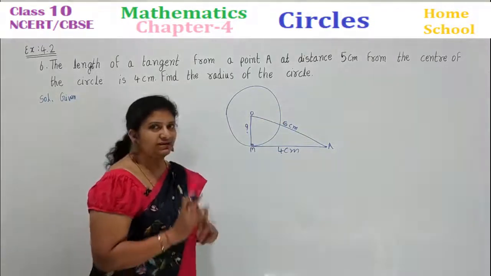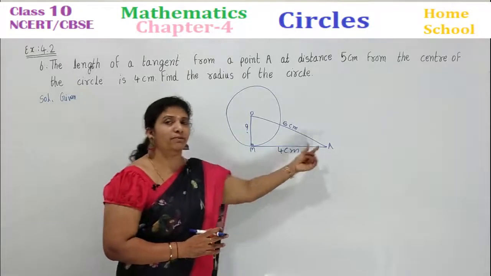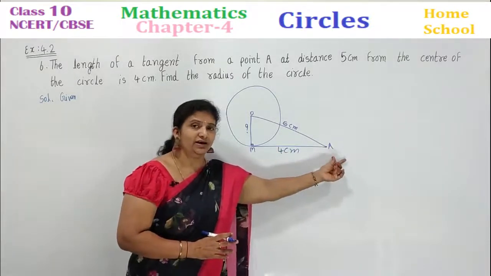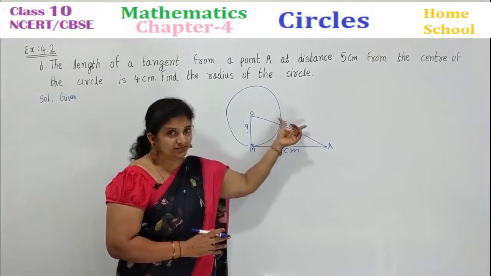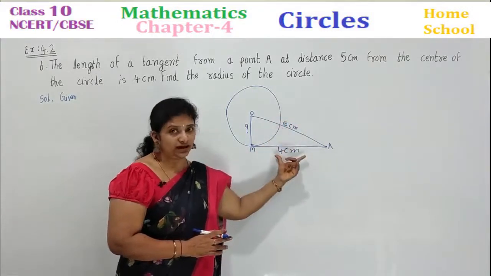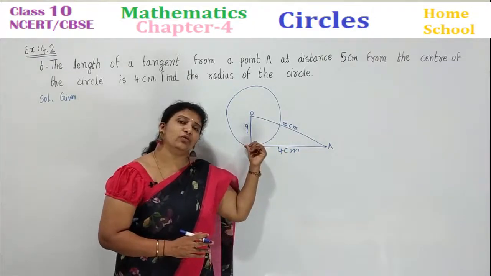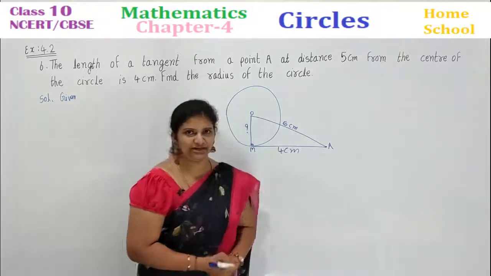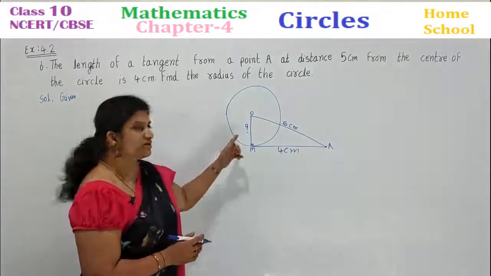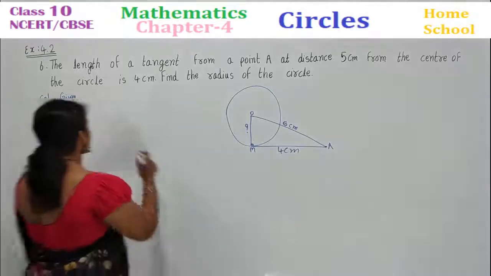Don't get confused. Understand the statement carefully. The distance from point A to the center is 5 centimeters. To the circle is 4 centimeters. Means to the circle, what do you get? Tangent. The tangent distance is how much? 4 centimeters. Now, what is the question asked? Find the radius. Let's start the solution.